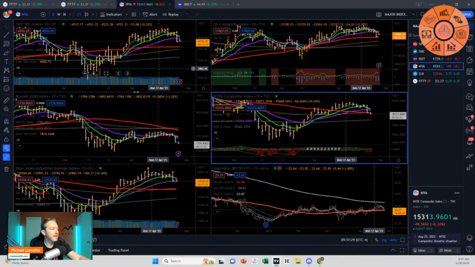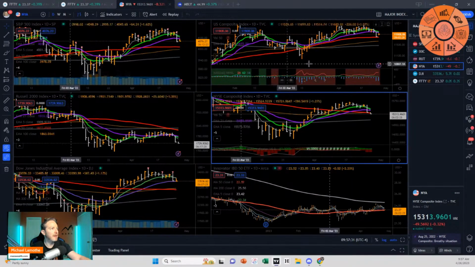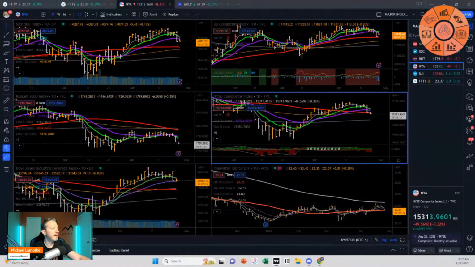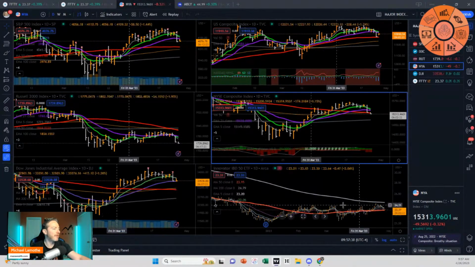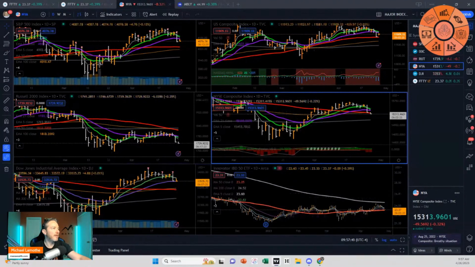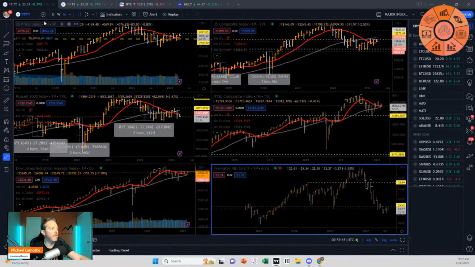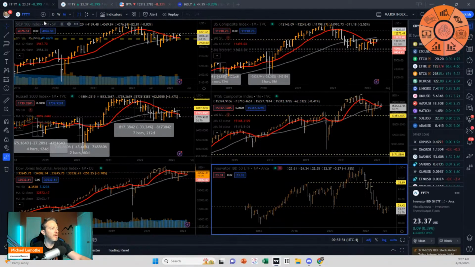We've got the S&P, the NASDAQ, the Russell, NYSE, and Dow over here, and this is the IBD 50. I like to look at these indexes across time frames, so I'll look at them on weekly charts and on monthly charts as well. And I'll look to see how price is converging, diverging, and if they're trending together or not.